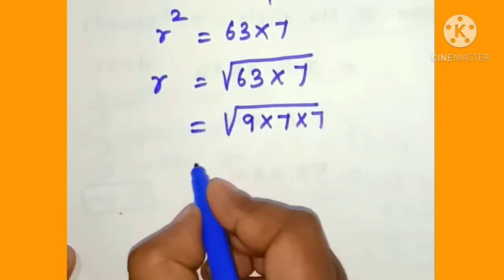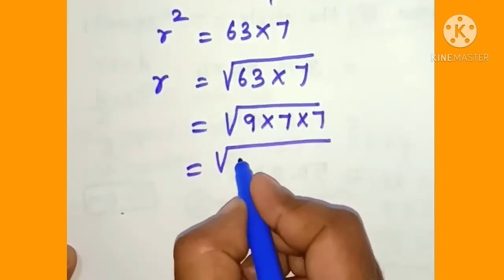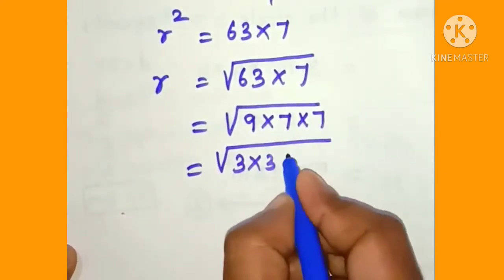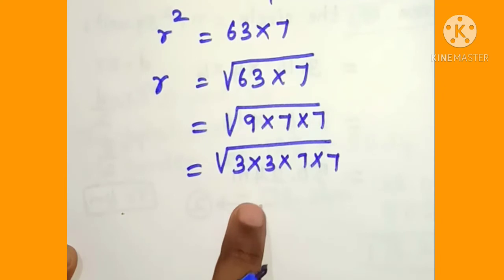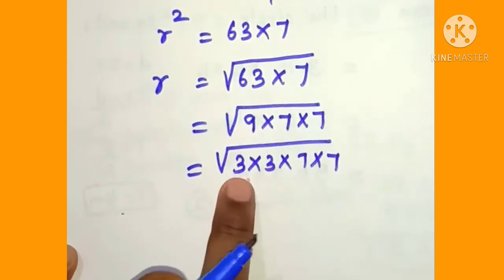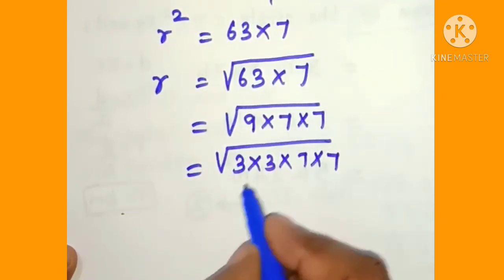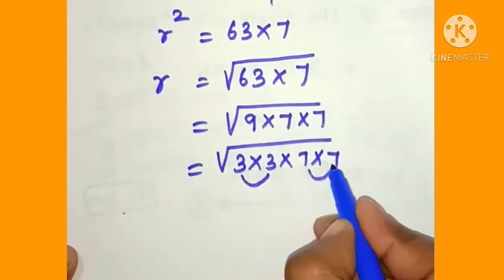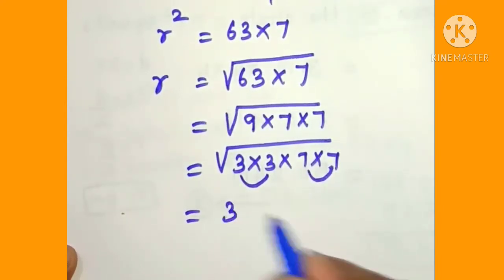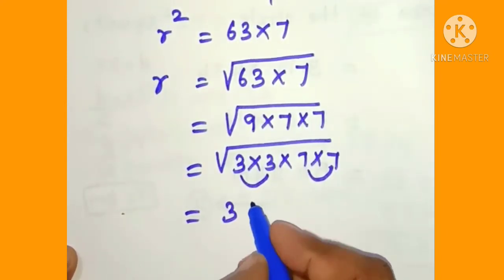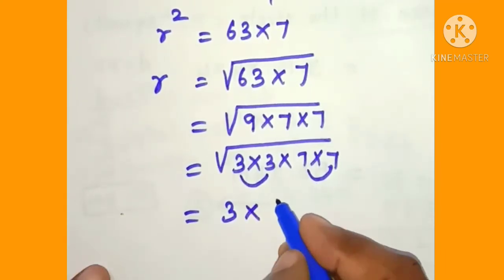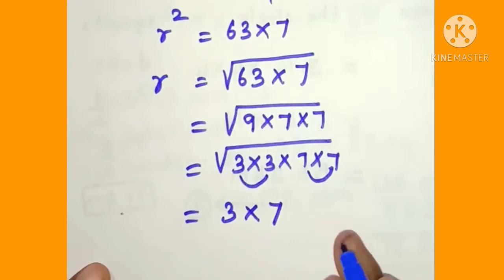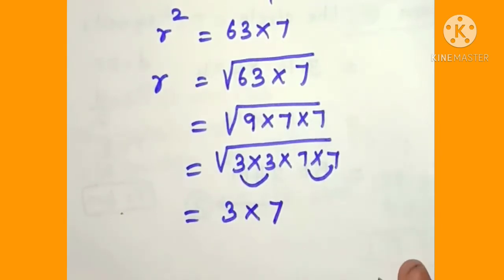Again we can write 9 as 3 into 3, so 3 into 3 into 7 into 7. To bring one value outside from each pair, from the first pair we can take 3 outside the square root, and from the second pair 7 into 7 we can take one value 7 outside the square root.